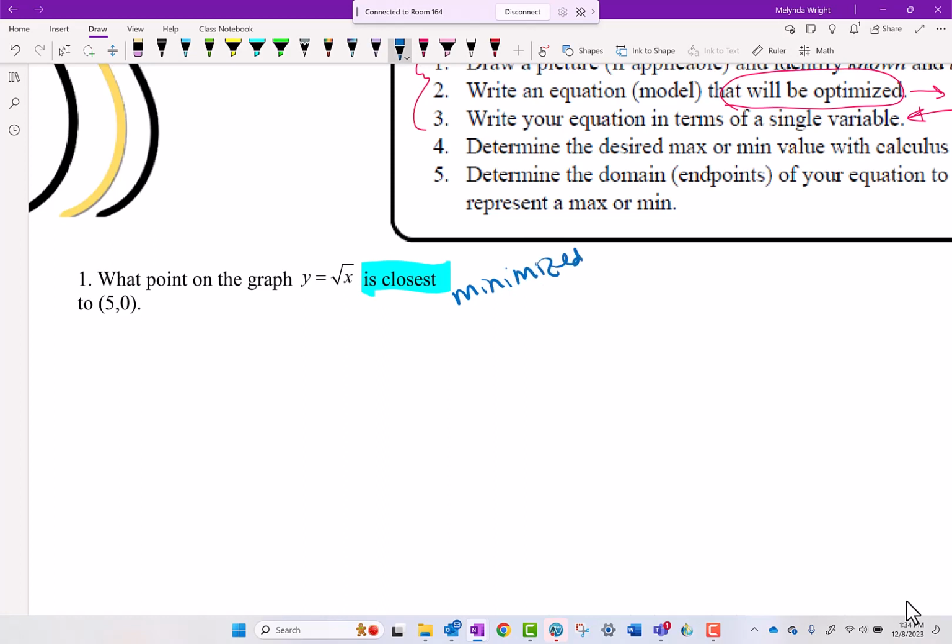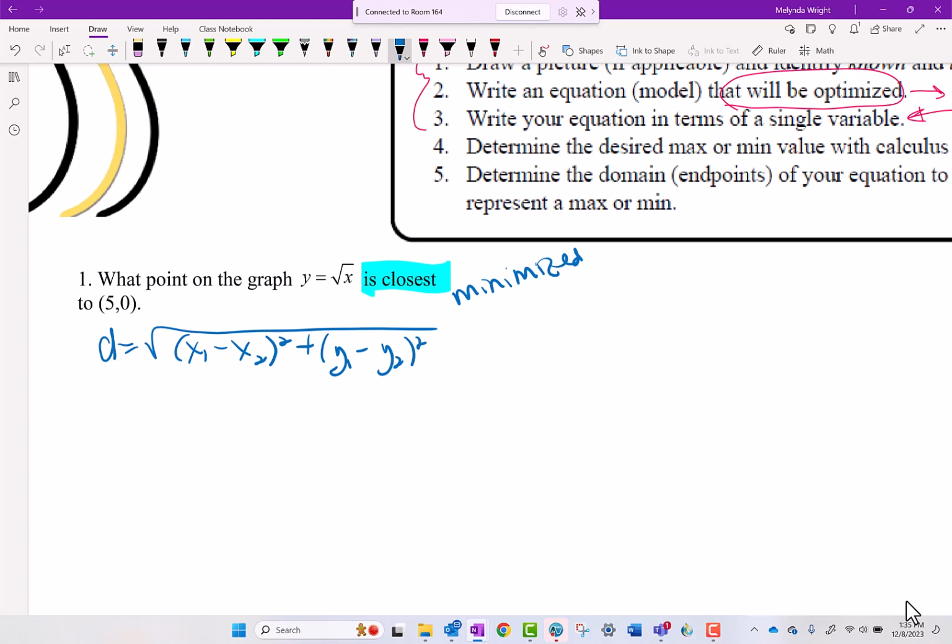If you want to be close, you want to be close in distance. So the formula that we used for this was the distance formula, if you recall. So let's just write that out. Distance formula equals the square root of (x1 minus x2) squared plus (y1 minus y2) squared, which we have on the formula quiz.